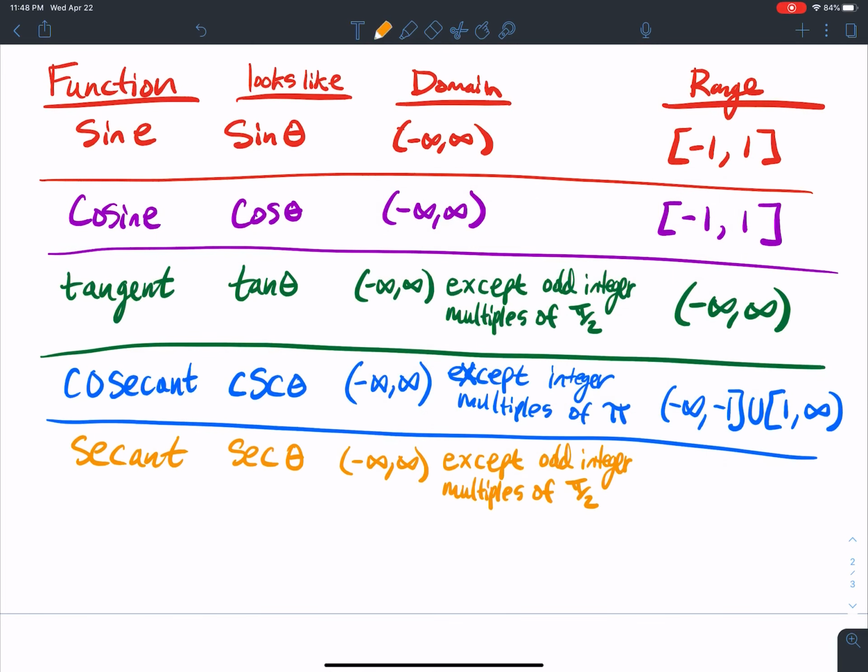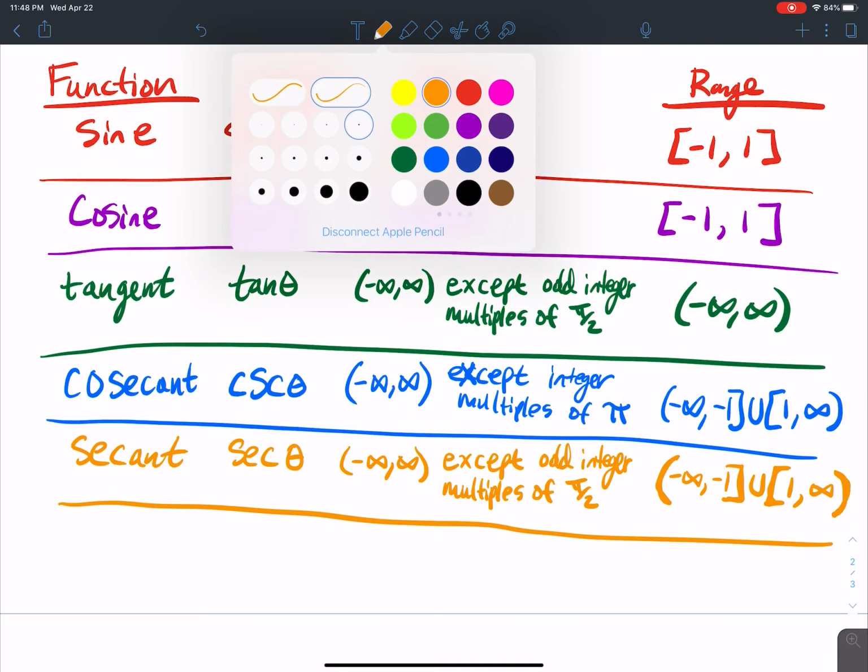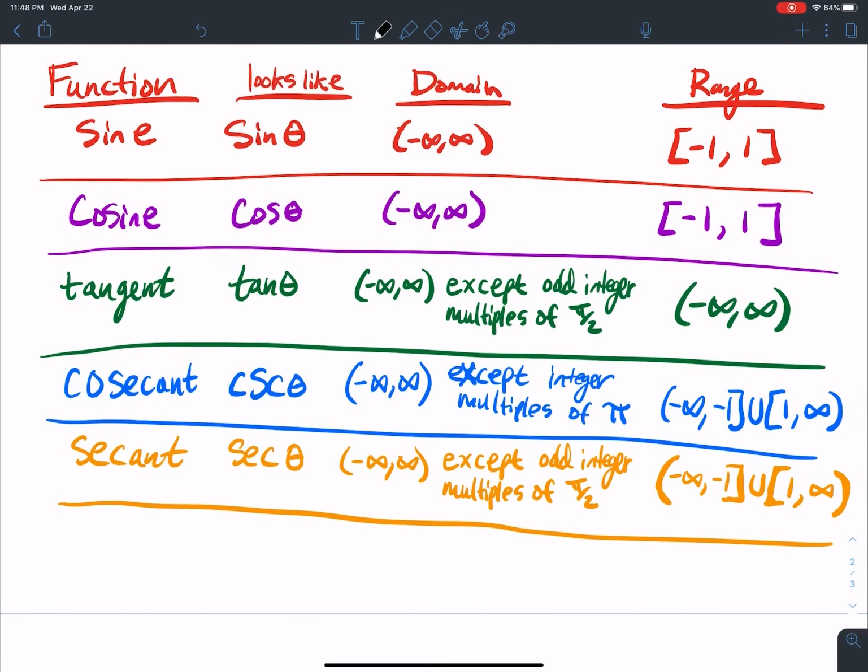And then once again, negative infinity up to -1, and then from 1 to infinity. Bracket includes, parentheses does not include. We can't reach infinity. Okay. One last step. I guess I'll use black here so I can use all different colors.